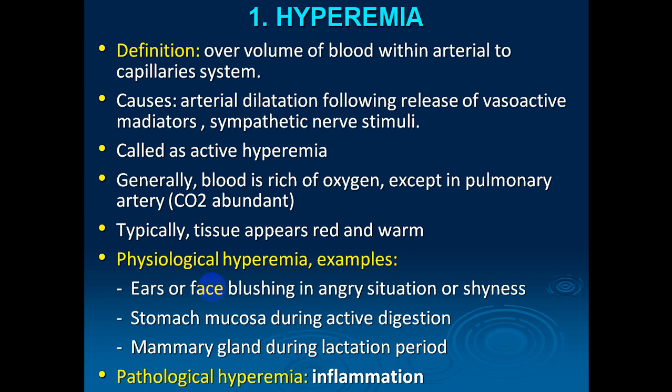How about pathological hyperemia? Pathological hyperemia means there are pathological conditions, there is lesion involvement that initiates the hyperemia process. One of the most common examples is inflammation. Okay, inflammation, you will get lectures about inflammation later in the next subject by other lecturers.